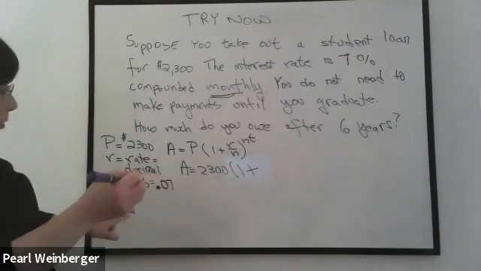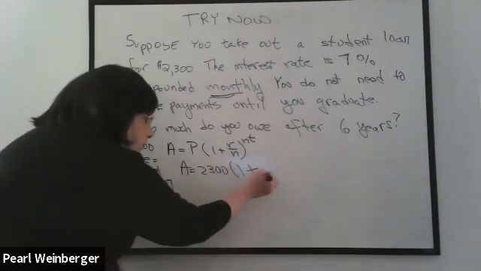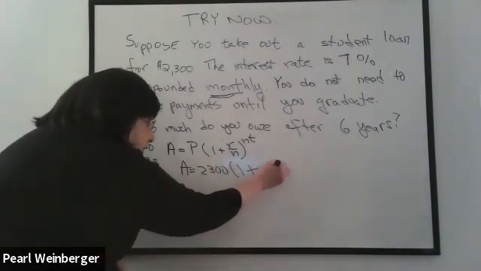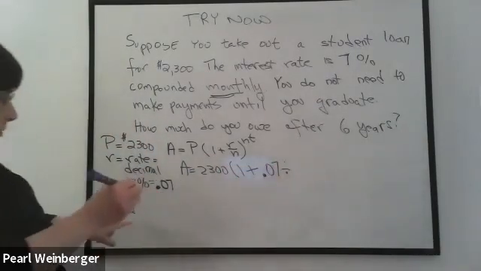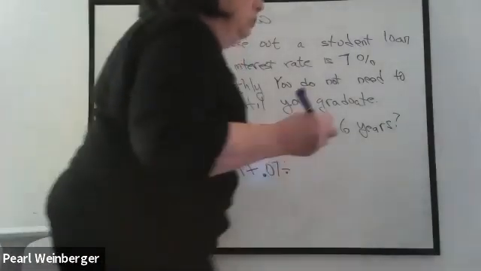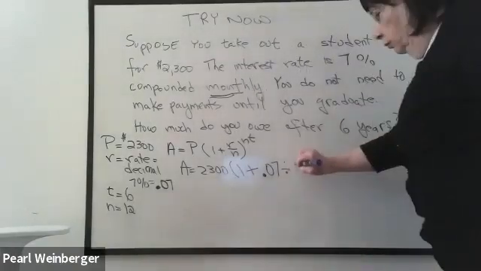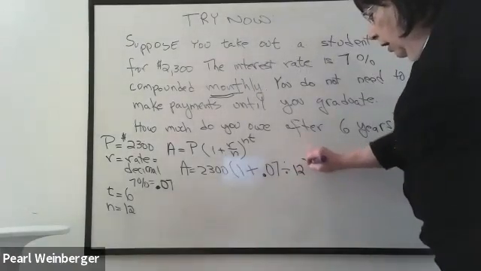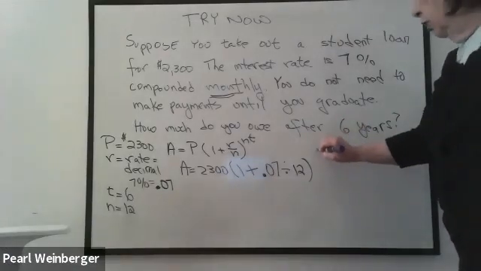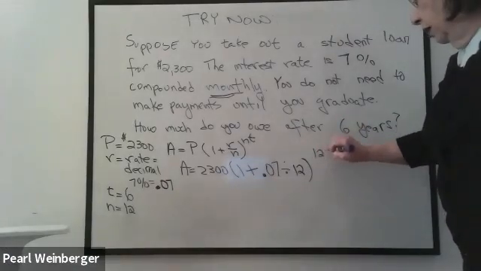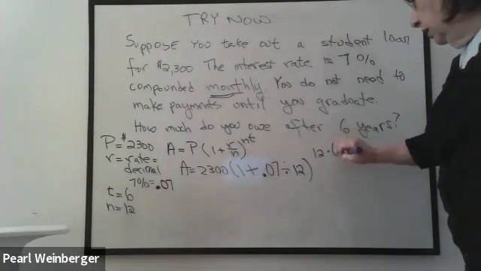The R we know is 0.07, so you put in 0.07. You divide that by n, which we know is 12. You close your parentheses, and then you have to do n, which is 12, times t, which is 6.